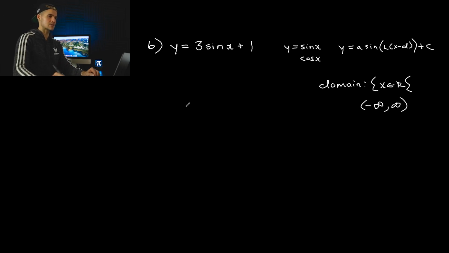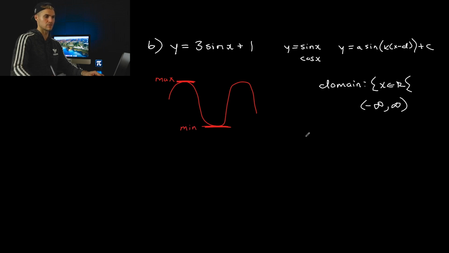However, the range is going to be a little bit more tricky. So the range, just in general, if you remember a sinusoidal function, right? So it's a wave like this. It's going to have a maximum y value, and it's also going to have a minimum y value. So just in general, and I'll explain in a sec how to get this min and max, just in general from a sinusoidal function, and then we will compare it to this. So just in general, the range is always going to be y ∈ ℝ, but the y values have to be greater than or equal to the min, less than or equal to the max.